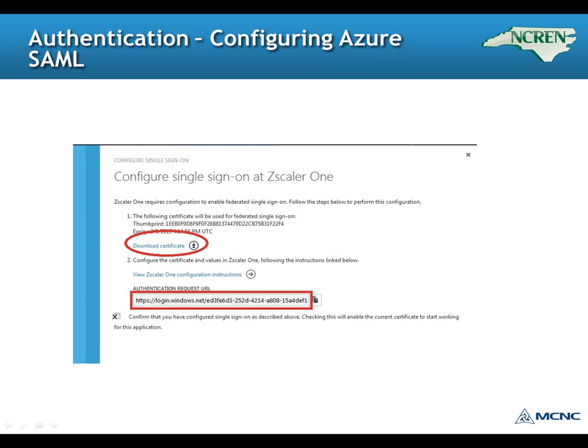So we hit next. On the next screen, there's a rectangular box with a long number of characters in it. This is not the same for every school, so you need to copy this off and save it to Notepad. The certificate would also be different on a per school basis, so you need to download the certificate and put it on your desktop or wherever, a safe place.